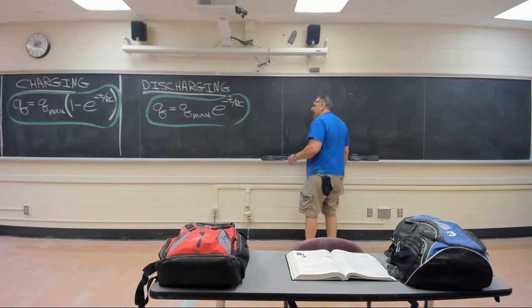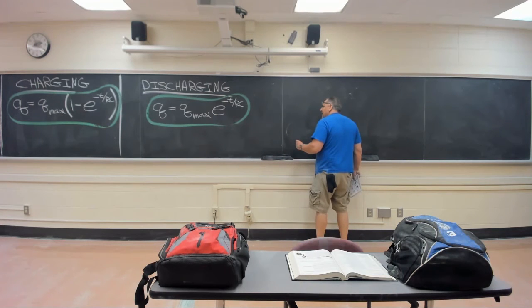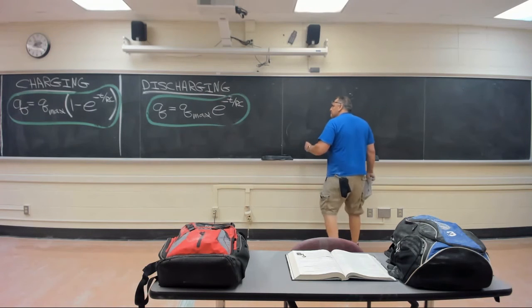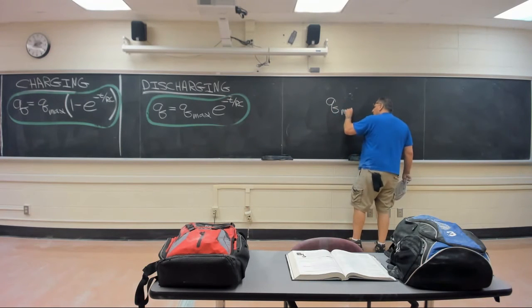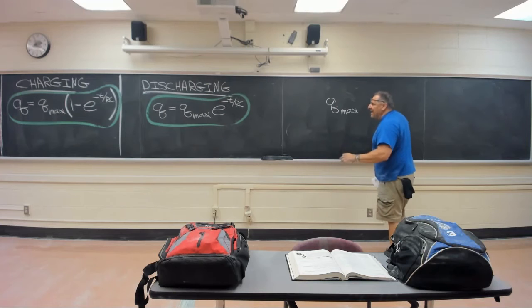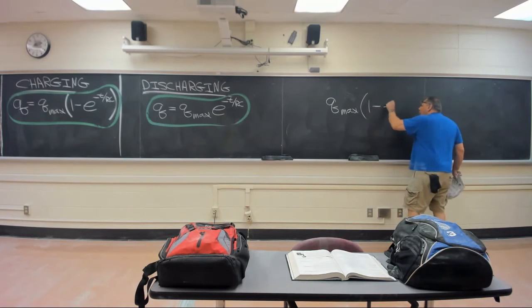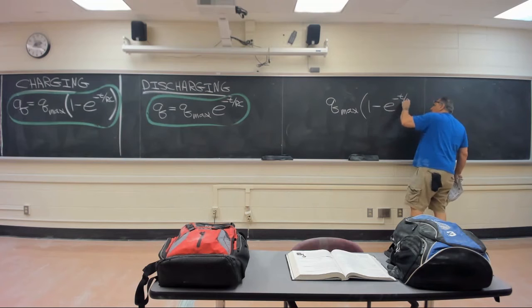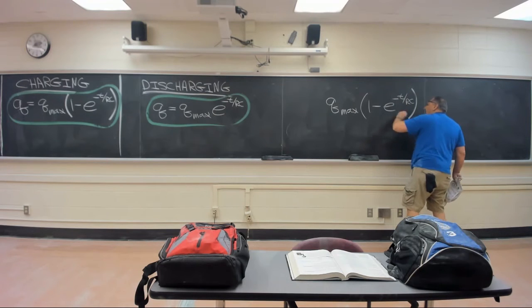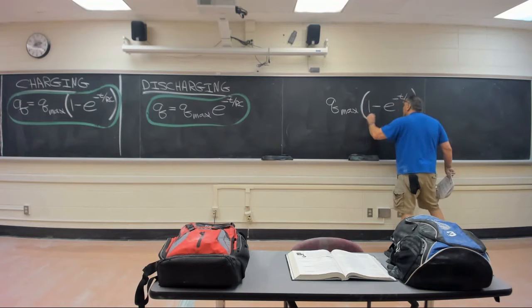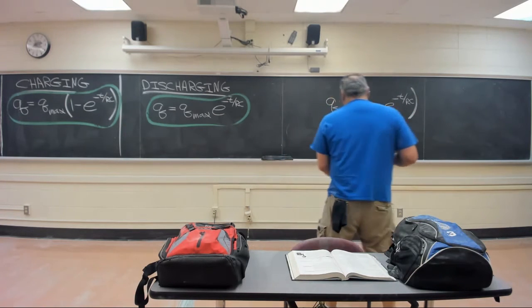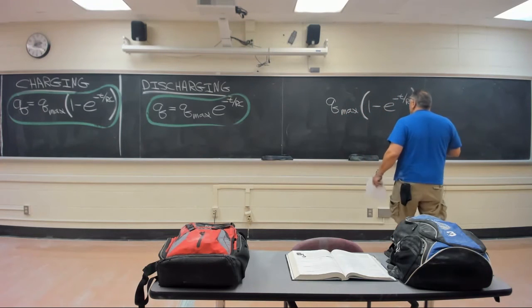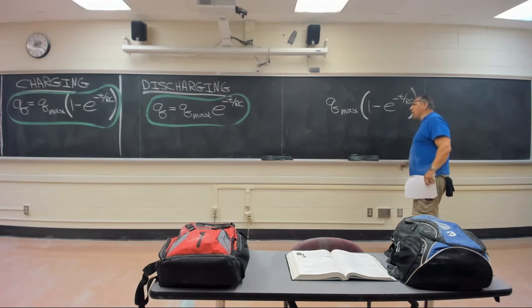If this is the amount of charge on the capacitor plates while we are charging the capacitor, while we're charging, bam, at a set instant, this is so much charge on the capacitor plates.